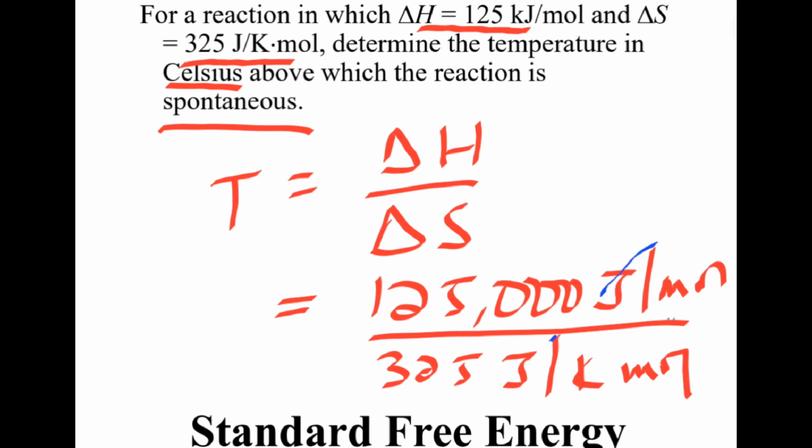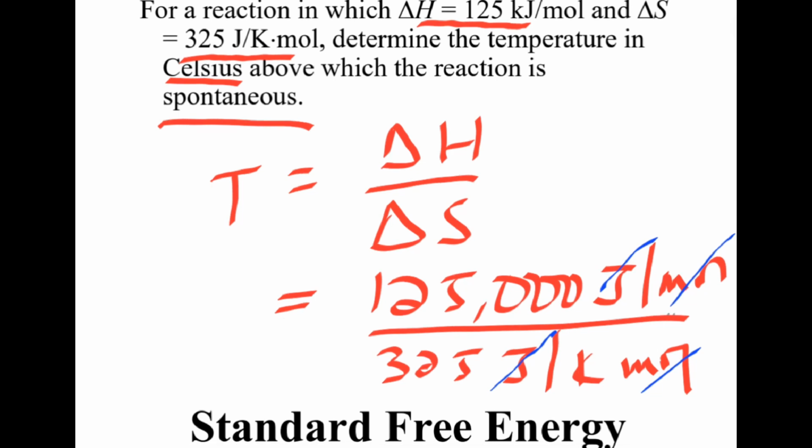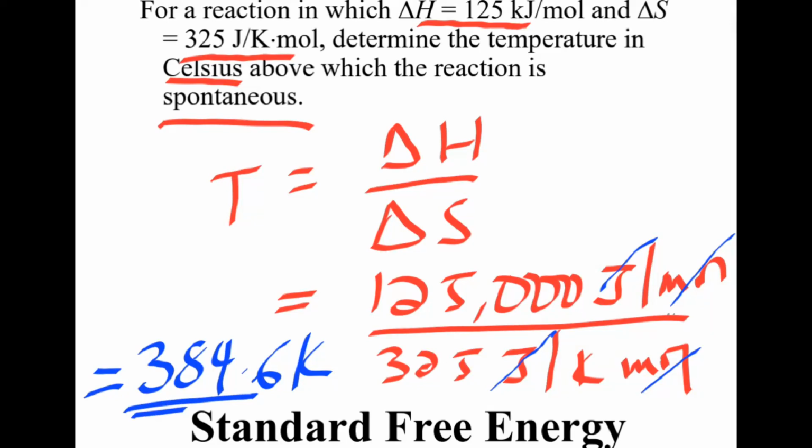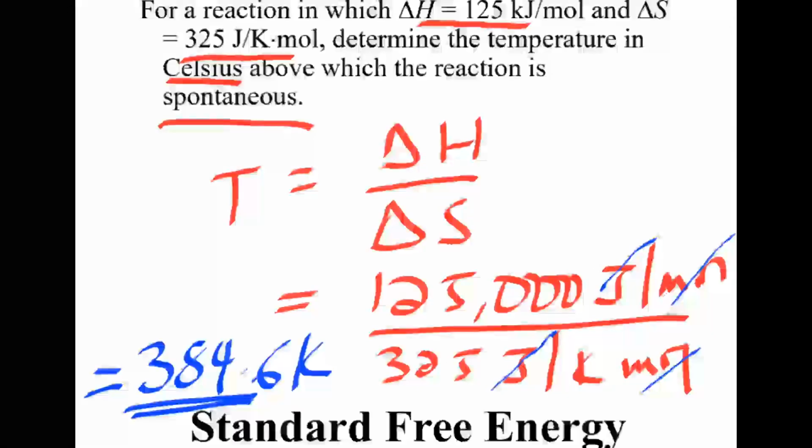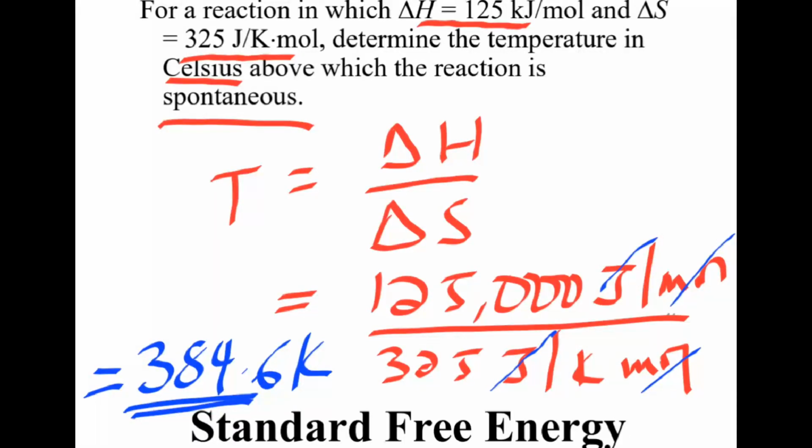Joule cancels joule, mole, and so solving this yields 384.6 Kelvin. So this is in Kelvin, but we are asked to express the temperature in degree Celsius, right? So we have to deduct 273.